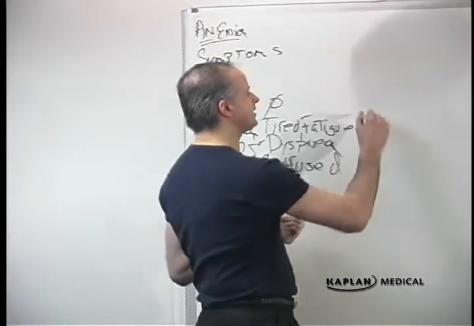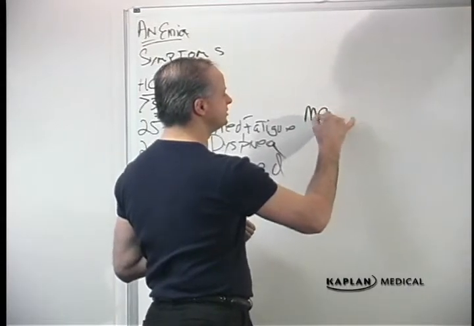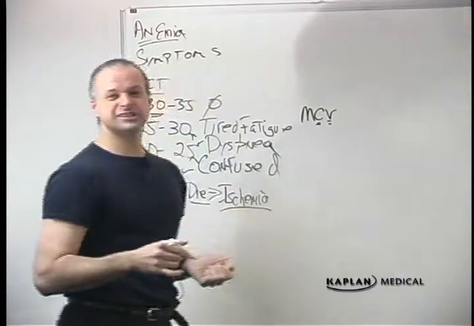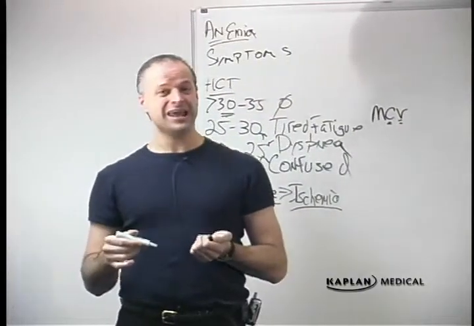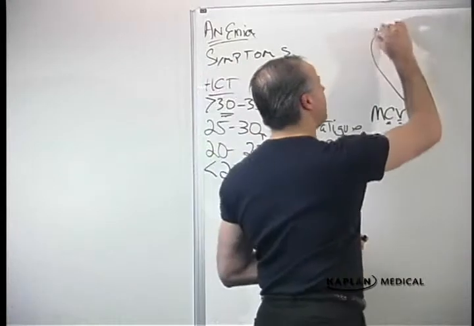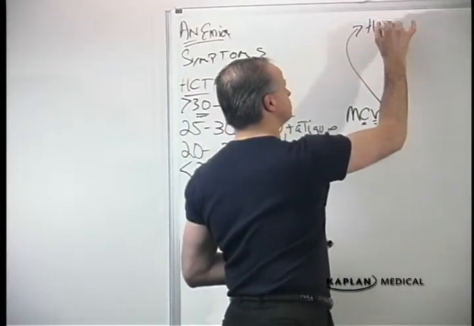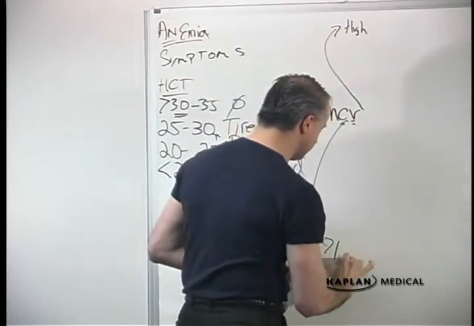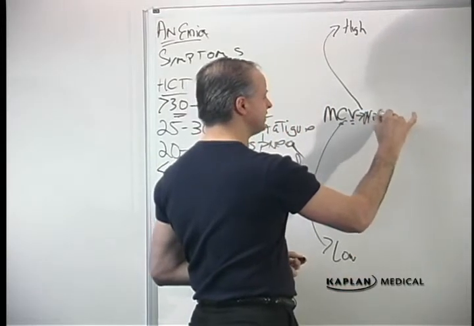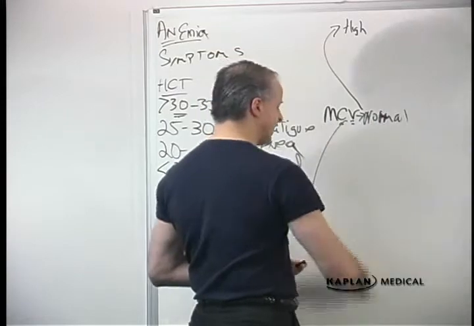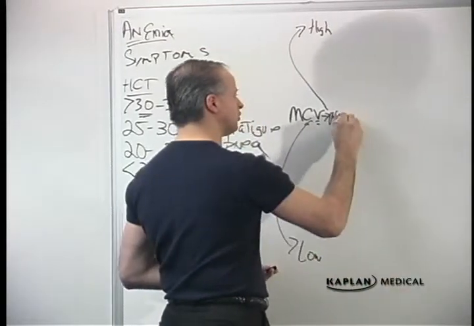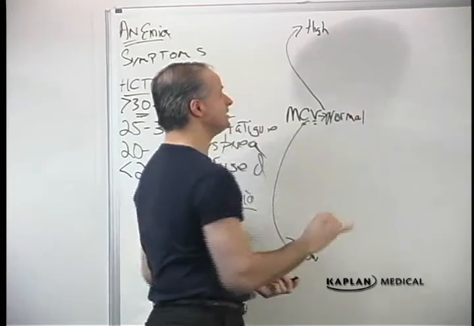So we break down the anemias according to the MCV, the mean corpuscular volume. Not reticulocyte count, not that automatically, but MCV. Because when you have high MCV anemias, low MCV anemias, and normal MCV anemias, it helps divide these up in our brain. That ends up being very useful for our psychological organization.